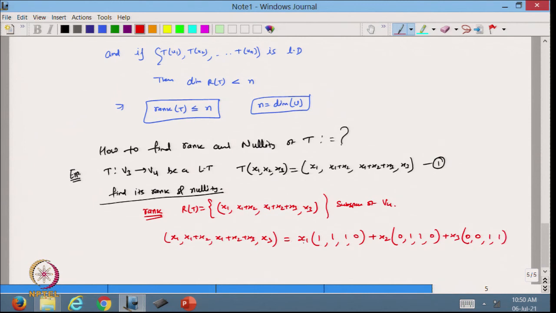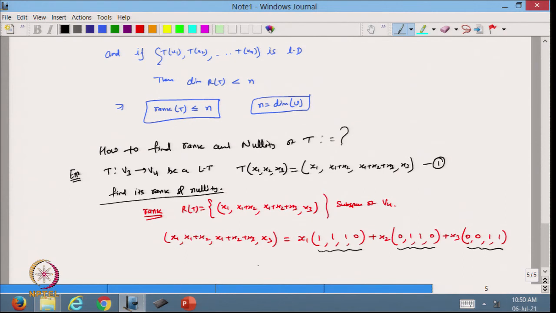So, I am able to find x1, x2, x3 from here. It means that this vector is a linear combination of these three vectors. So, this is my first vector, second vector and third vector.